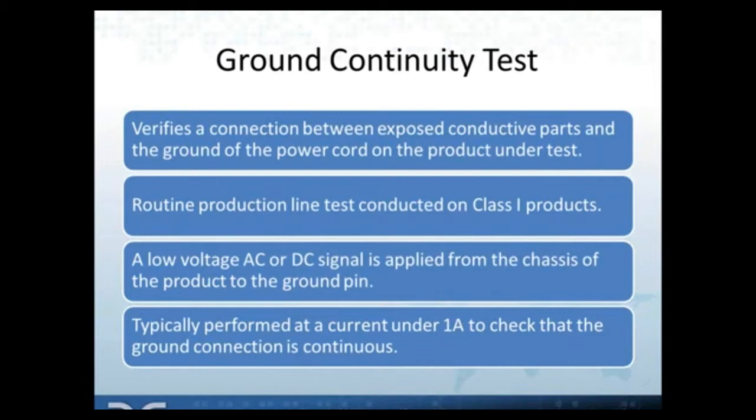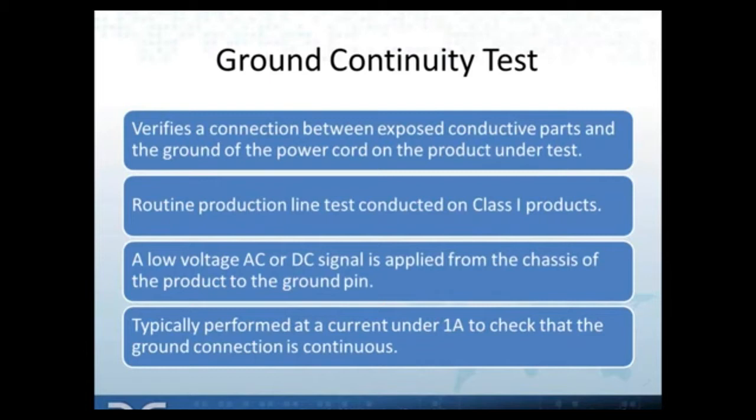Because these practices are so common, products with 3-pronged line cords are still required to pass a dielectric voltage withstand test, just like ungrounded Class 2 products, but the integrity of the ground circuit is what protects the operator if a fault should occur in the insulation of a Class 1 product.